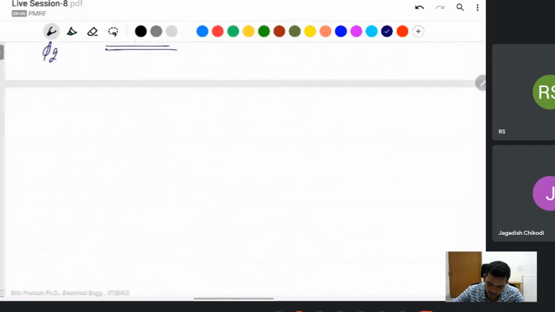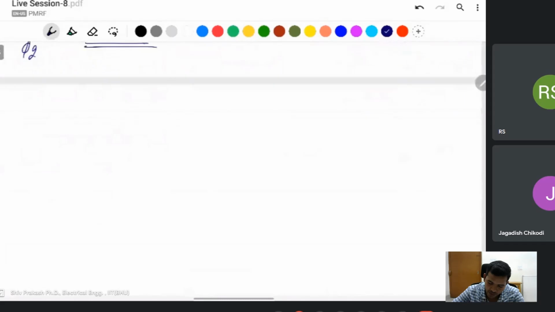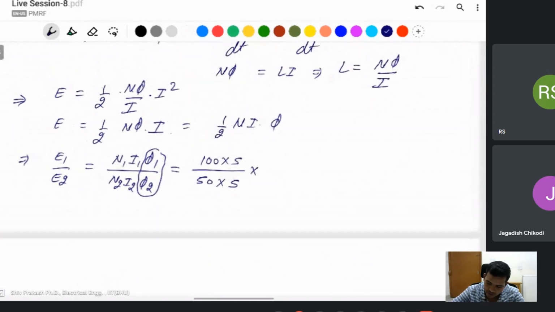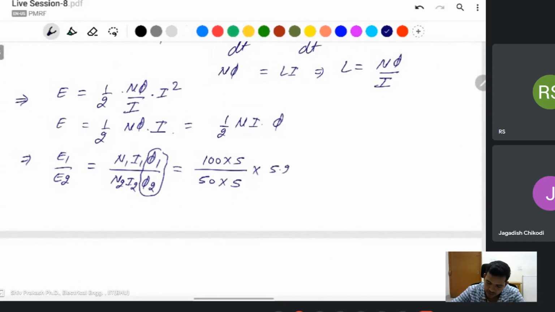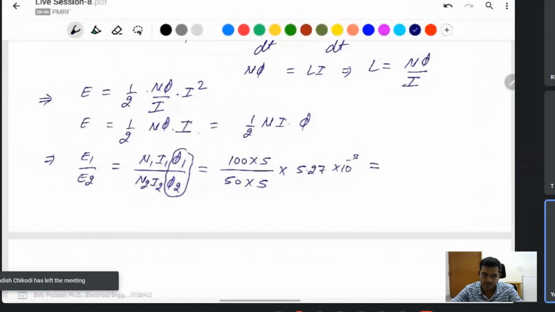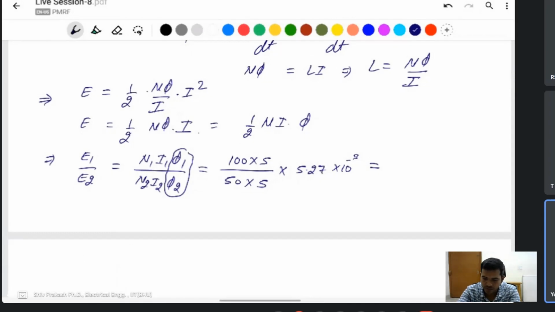This one is 5.27 into 10 to the power minus 3. I think this one is twice of this one.